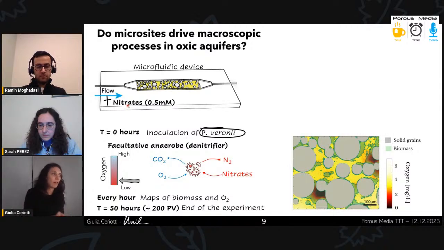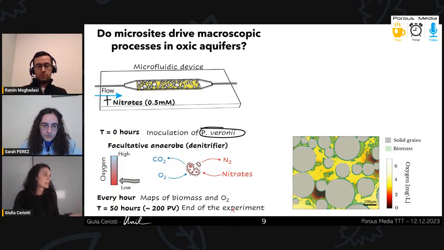Every hour I map biomass and oxygen, and you can see that the behavior is not that different from what we saw before. We have this cluster of bacteria, and when they're big enough and rounded, they can support the depletion of oxygen. The entire experiment lasted a little bit longer than before. We also set up a higher flow rate, so overall we have more or less 200 pore volumes per unit time.